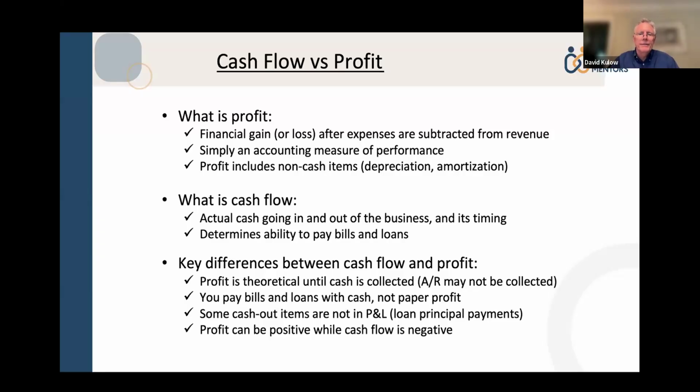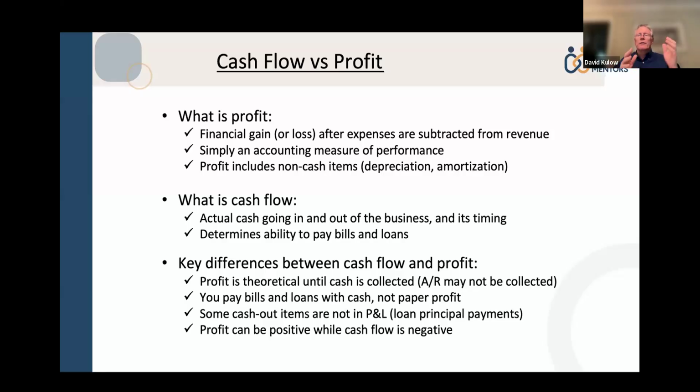So here are some key differences that you should be aware of. Profit is theoretical until the cash is collected. So some of you might give terms or extend credit to customers. If you don't collect that money, that affects your profit.